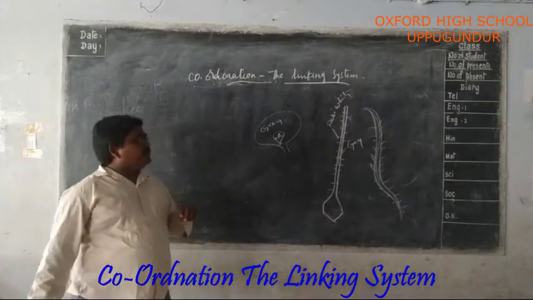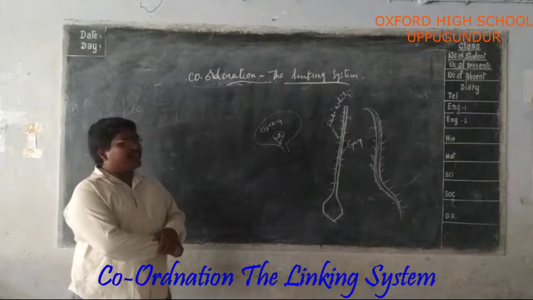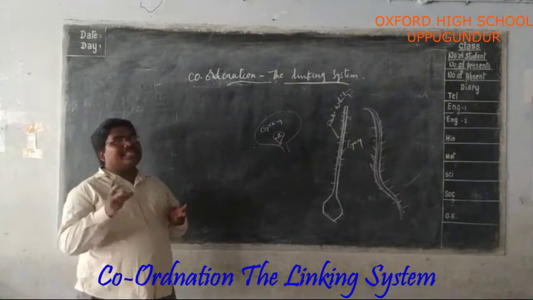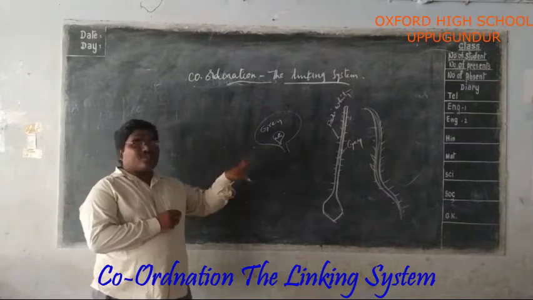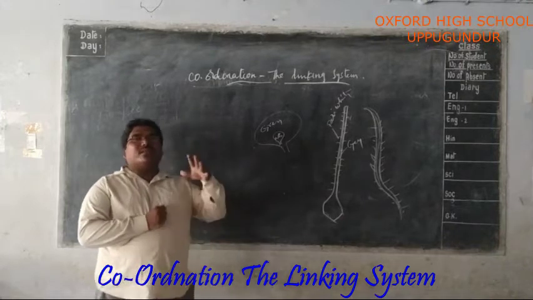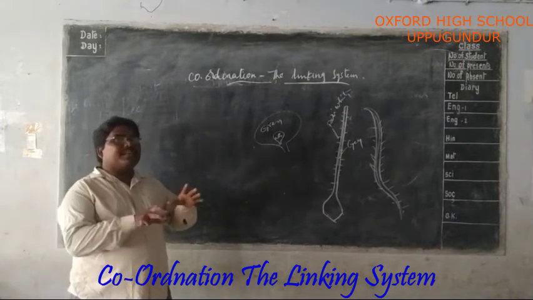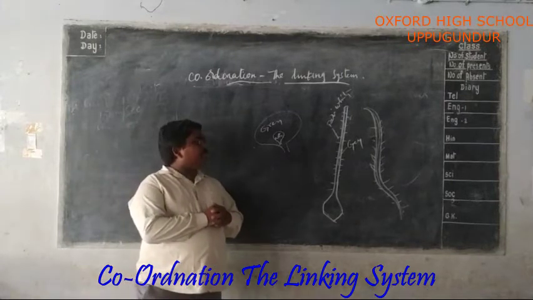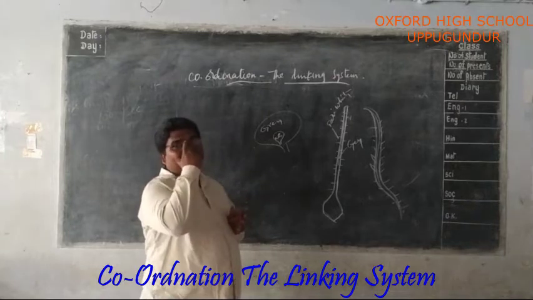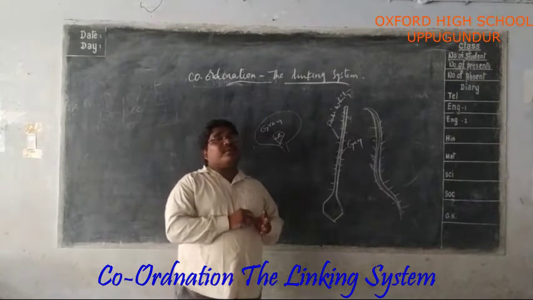Okay, at the beginning of the 16th and 17th centuries, a number of experimentalists studied the brain. At that time, they found that the Greeks' concept was erroneous. Erroneous means it was a mistake, it was wrong. The Greeks believed that the brain is the center for all functions of the body.